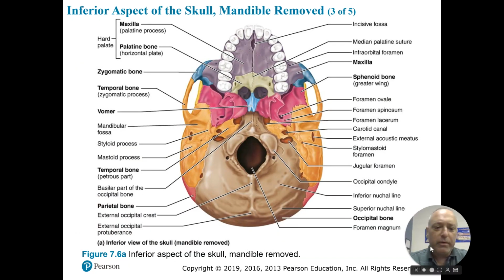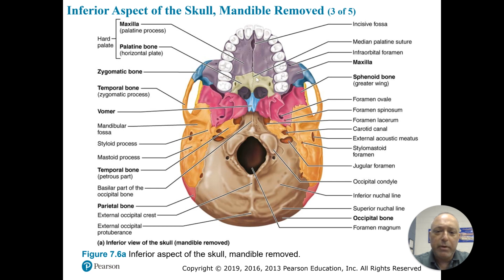Looking at the skull inferiorly with the mandible removed, we can see first the maxilla, which is the palatine process, and they have an incisive fossa here, as well as the suture that holds the maxilla together.